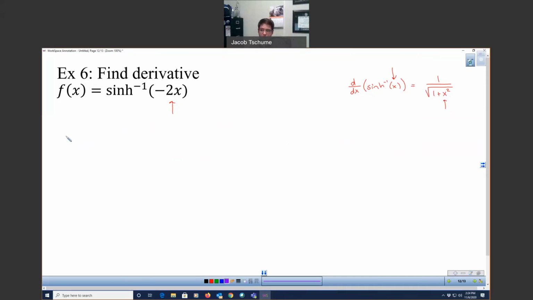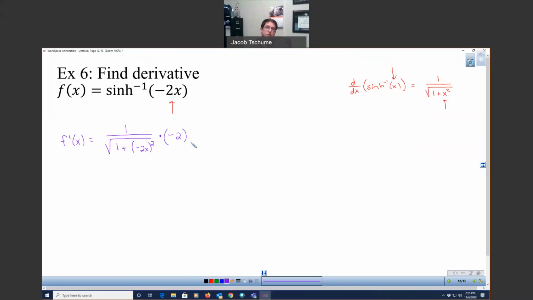So down here on the left, I can say that f prime of x is going to end up equaling 1 divided by the square root of 1 plus, replace the x in your formula with the input, which is negative 2x, and don't forget to square it. And then once again, the chain rule pops up, so you must now take the derivative of the inside, which, the derivative of negative 2x, is negative 2.